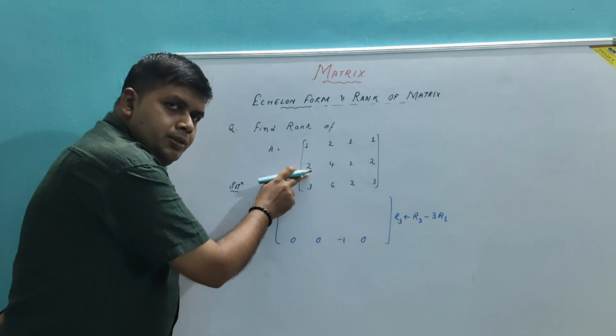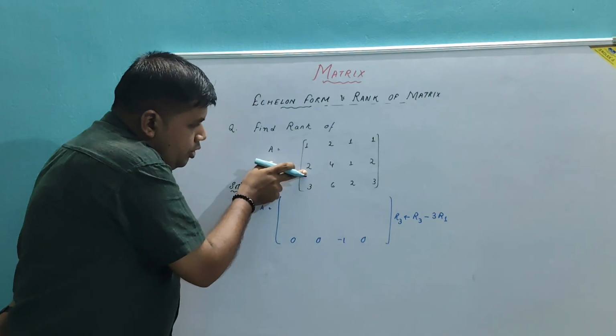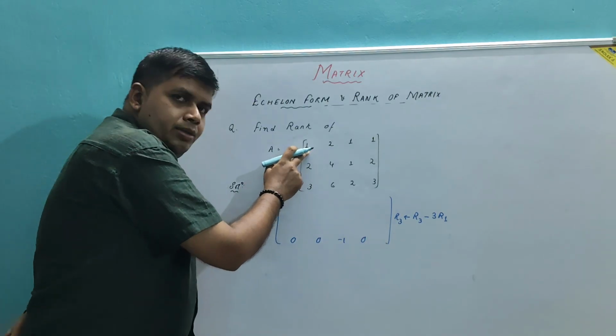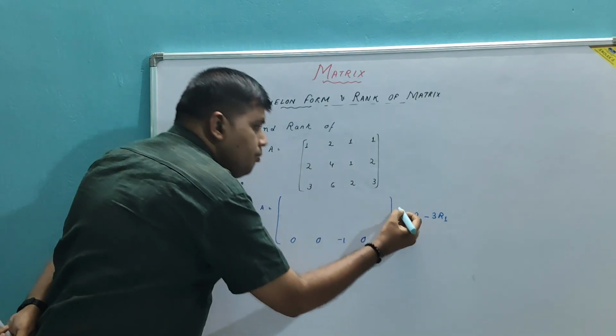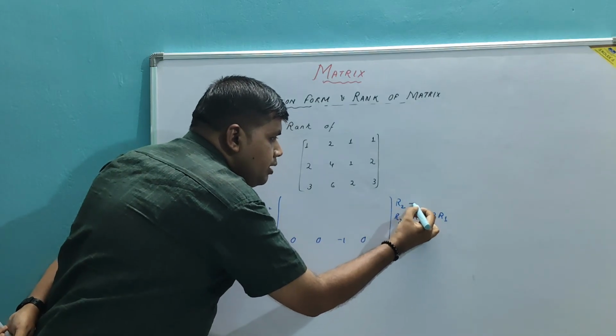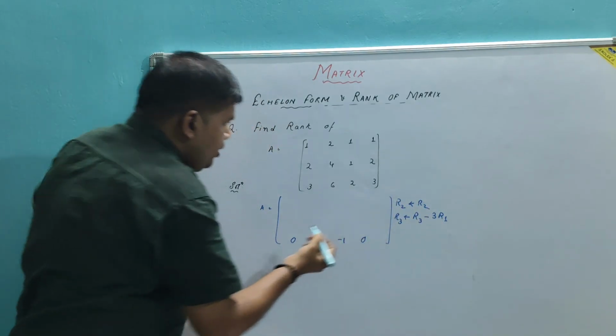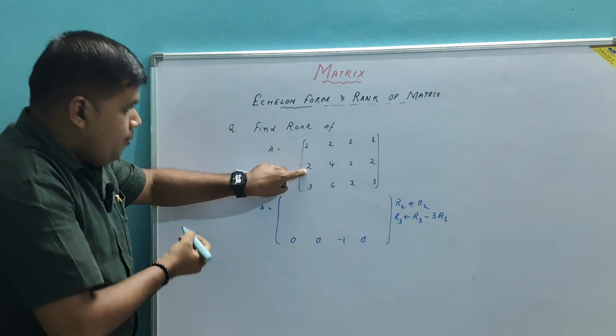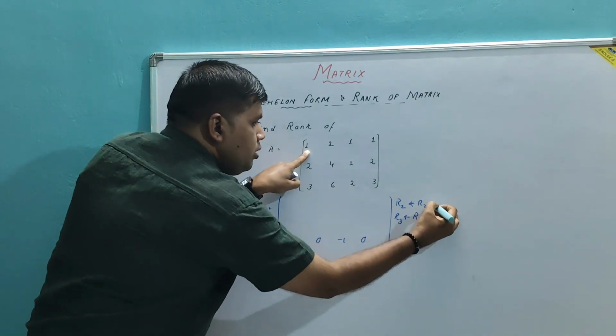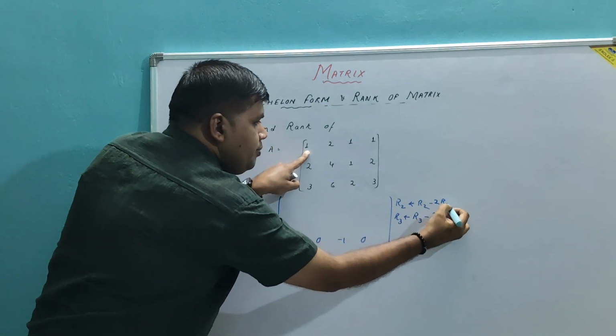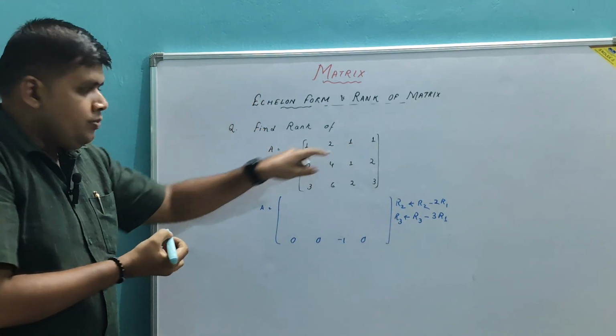What can we do for this? Similarly, we need 0 here. So we can multiply it by 2 and then subtract it. Means R2 can also be done the same. R2 means this row minus 2 into R1, twice of R1.